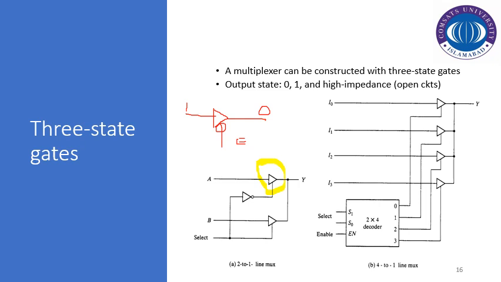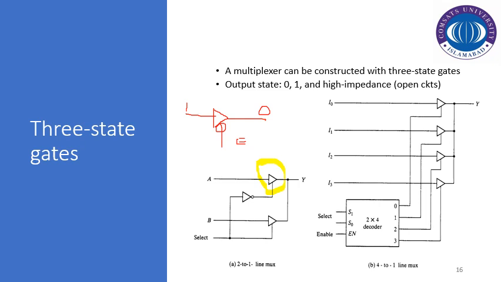In this particular case, this gate is enabled at low 0, so that's why I placed a bubble. In these diagrams, there is no bubble placed on these enable lines, so these gates are active high enabled rather than active low enabled.